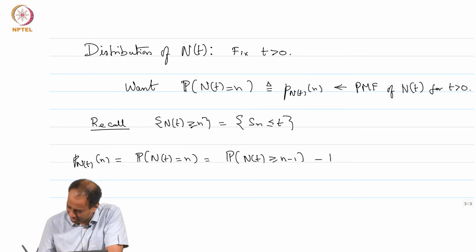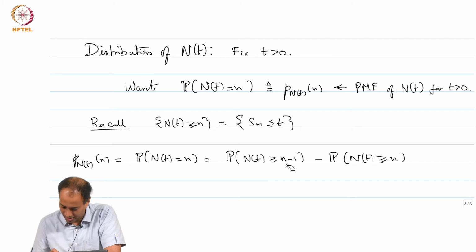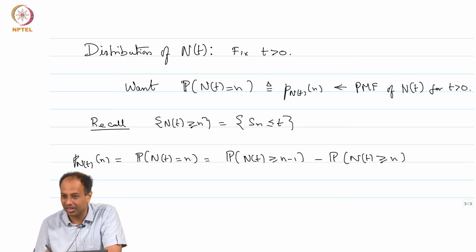Is this correct? Maybe not, no, this is not correct. So, I want to write greater than or equal to n. If I write n minus 1 here, I will be okay. So, maybe I should write it like this, sorry, I am off by 1.